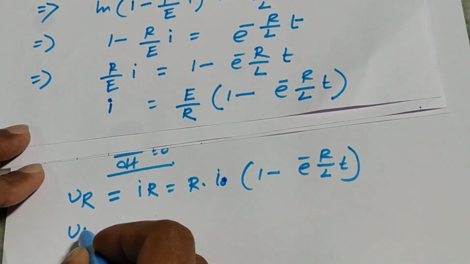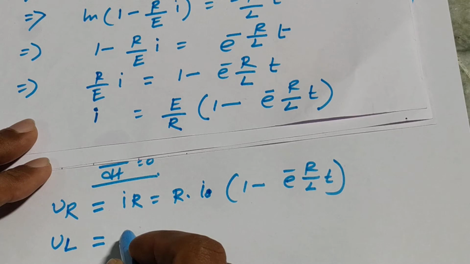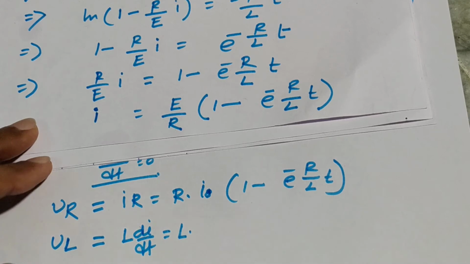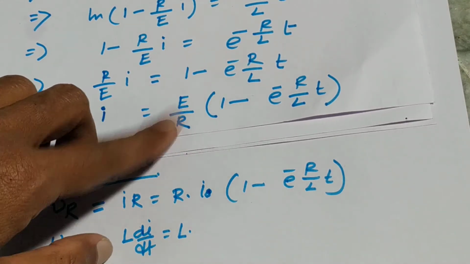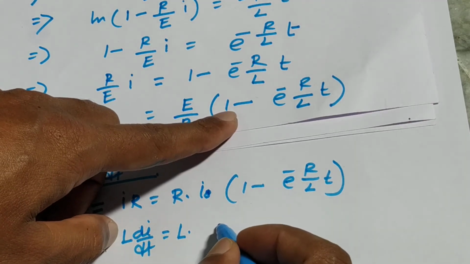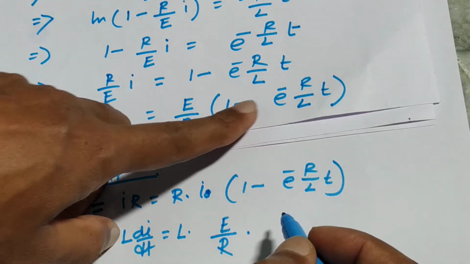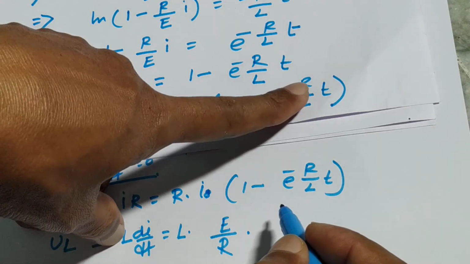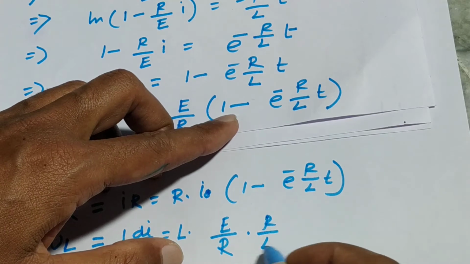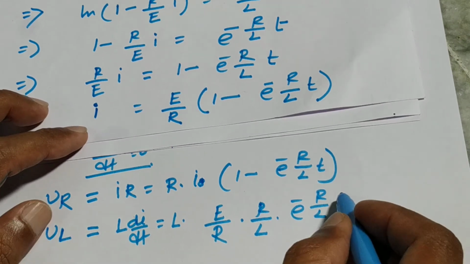And the voltage drop across the inductor at any instant of time will be L di dt. Okay, if you differentiate I with respect to time, then di dt will be, this will be 0, so E by R into, here another negative sign, so R by L into exponential minus R by L into t.